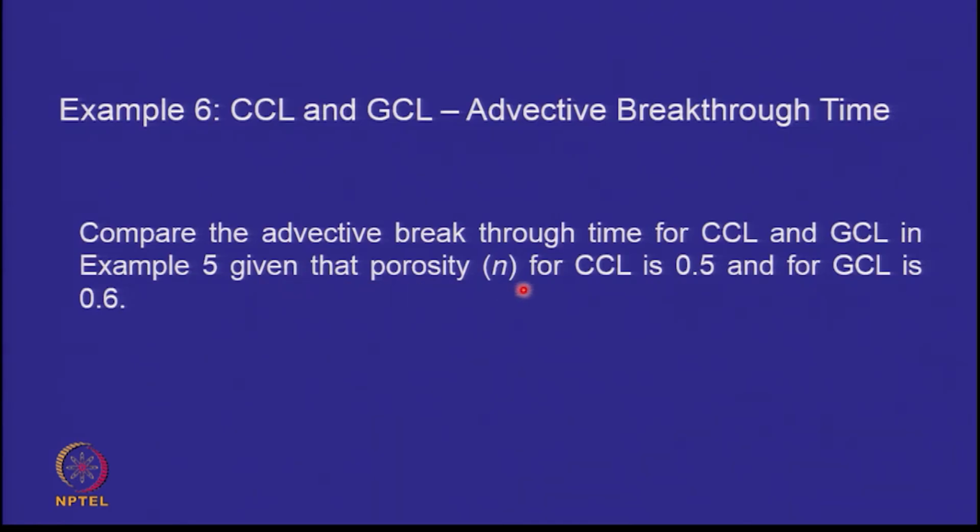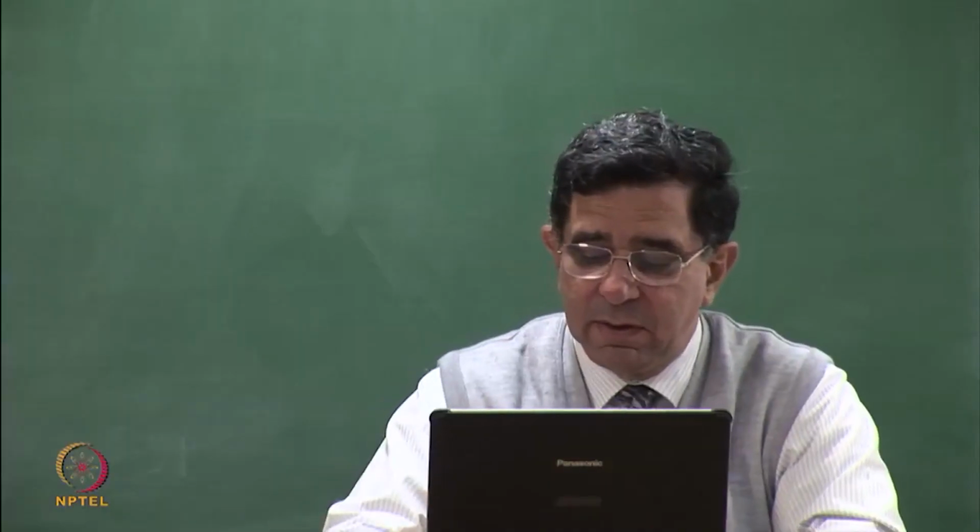The additional data that is given to you is that the porosity for compacted clay liner is 0.5, and the porosity for the geosynthetic clay liner is 0.6. That's the additional data. We are still continuing with the same example.